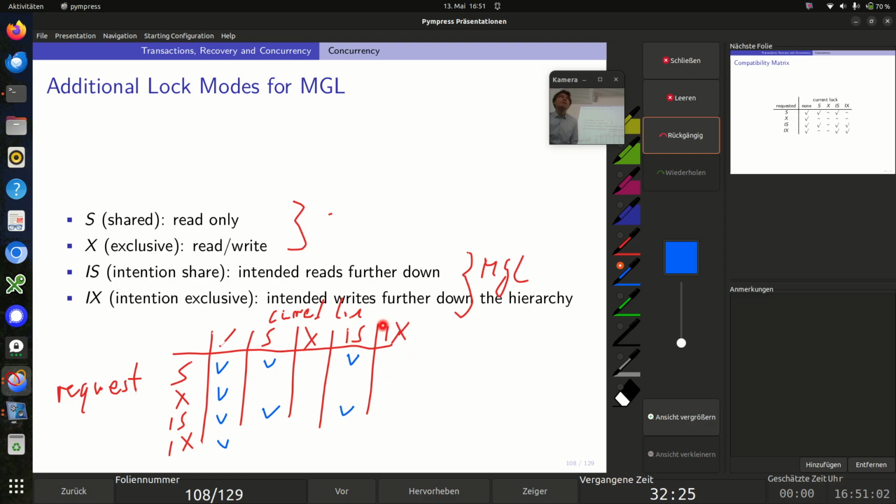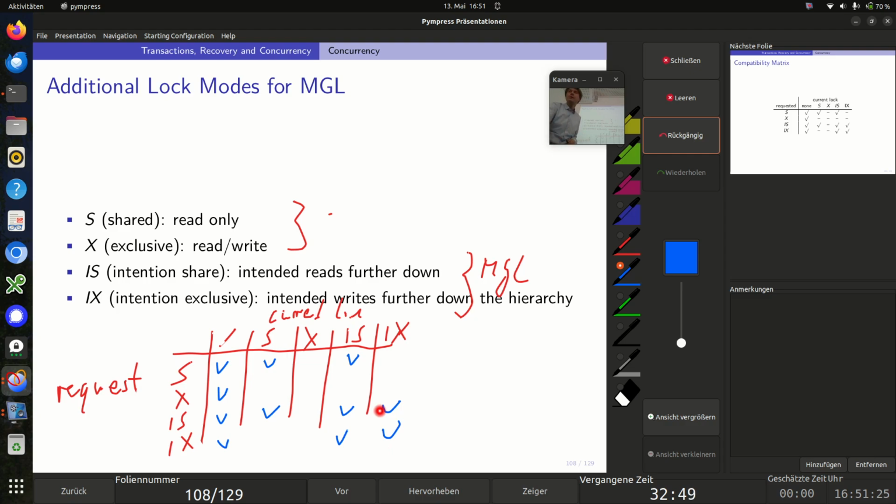And that's the interesting part: if there's an intentionally exclusive lock somewhere, it's possible, as we have to go down until the respective entry. And also intentionally exclusive and intentionally exclusive works.